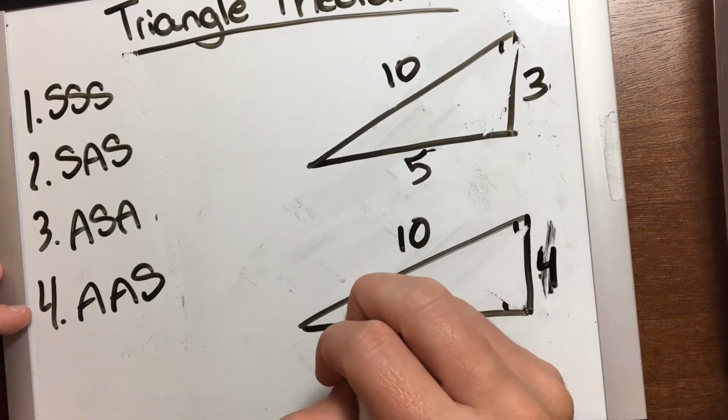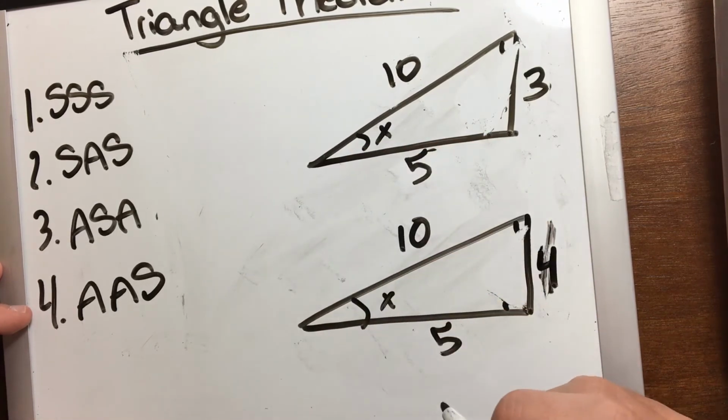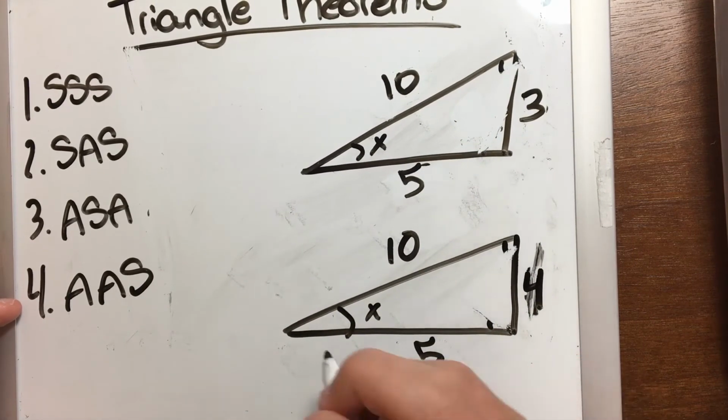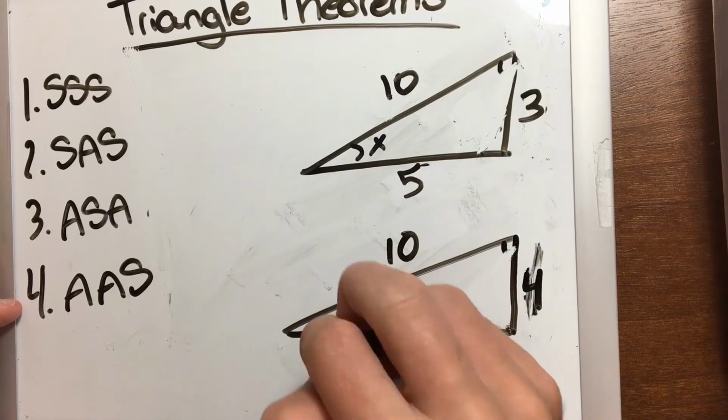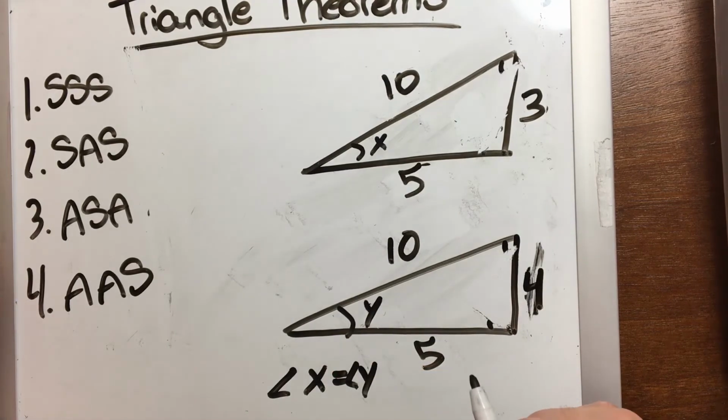And then I will give you x, but I'm not going to tell you what x equals. Instead, I'm going to give you that x equals, I'm sorry, this should be y. X equals y. Angle x equals angle y.